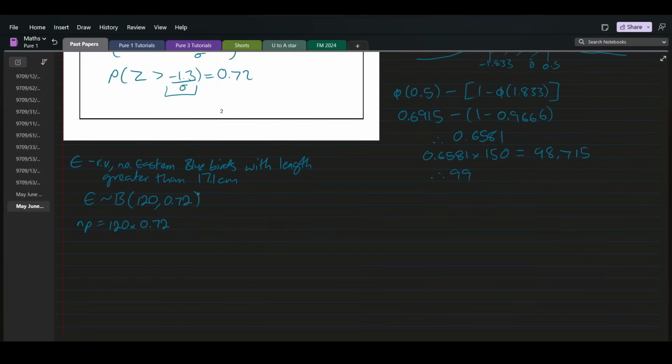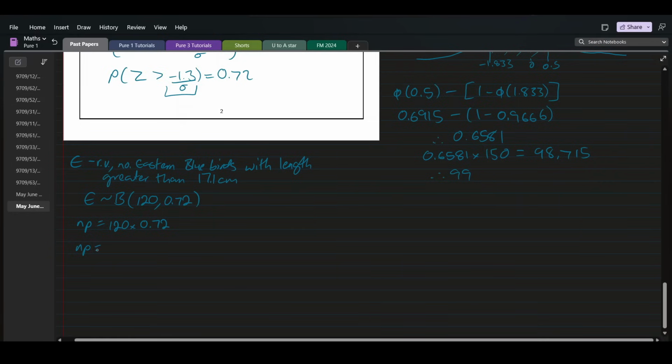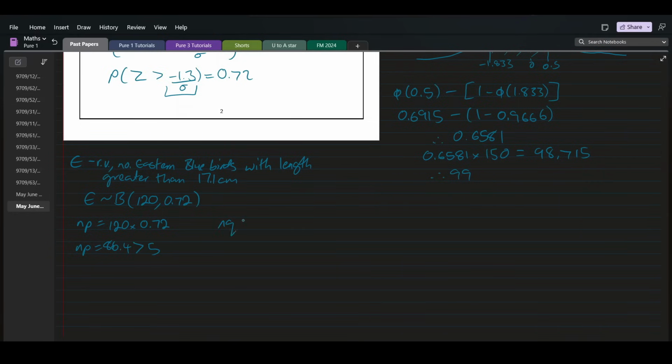That's NP is equal to 86.4, and this is indeed greater than 5. Let's check NQ. NQ is equal to 120 times, what's 1 minus 0.72? That is 0.28. 120 times 0.28 gives us 33.6, and this is also greater than 5.